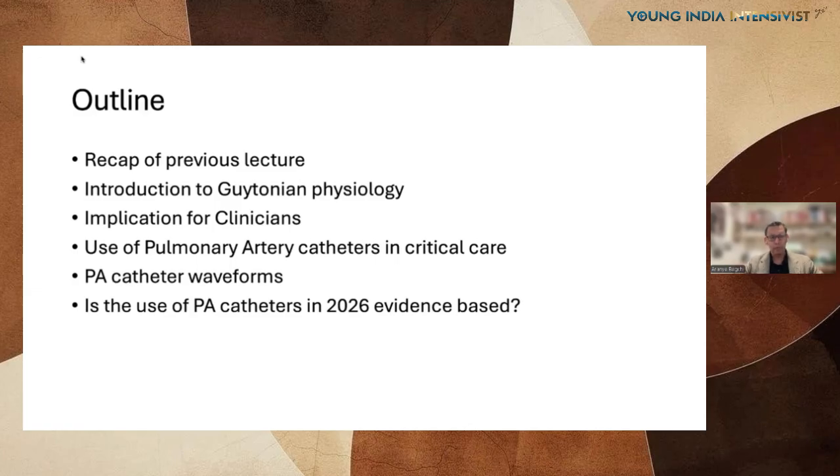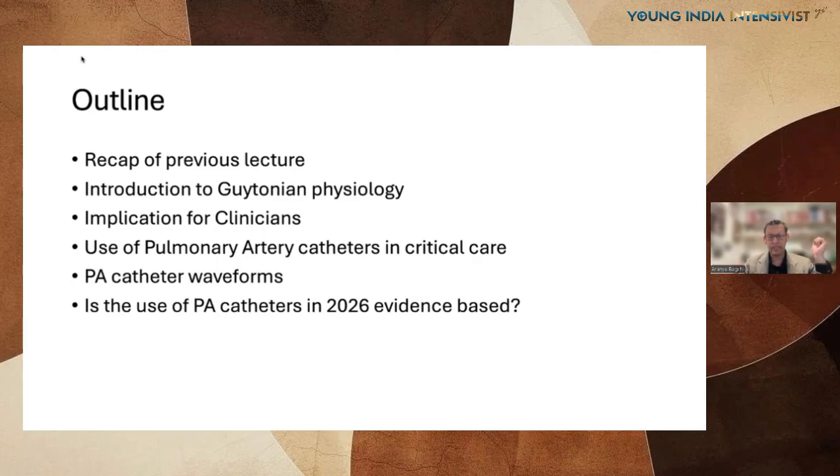So what I'm going to talk about today is this: in the first lecture, which I think I did in December of last year, I talked about venous pressures, CVPs, and right ventricular pressures. I'm just going to do a very brief recap because that leads very nicely into Guytonian physiology and how the Guytonian framework gives us a bit of a roadmap of how to think about hemodynamics.